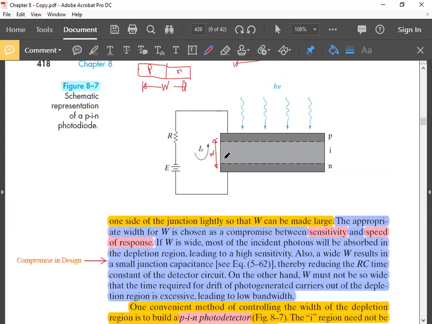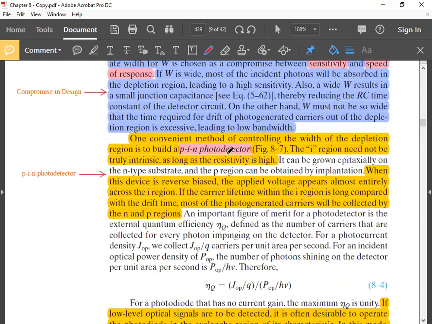Since this is an I layer, carrier concentration here is smaller, so lifetime may be larger. If lifetime is larger, then most of the generated carriers can go to these contacts and contribute to the current. So current may be large. Remember, we want more current, because the more the current, the more the sensitivity. This is how a PIN photodetector works.